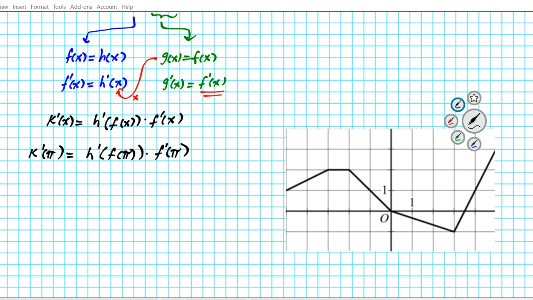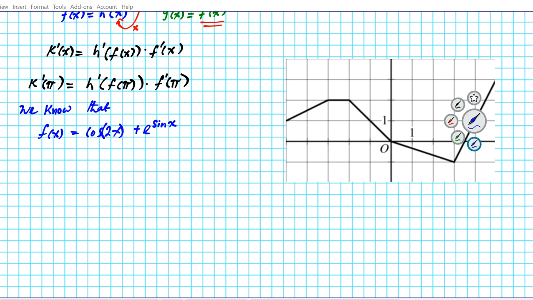In order to evaluate this expression, we're going to make use of some information that we know from part A. What do we know? From the original problem, we know what f of x is. f of x is cosine 2x plus e to the sine x.